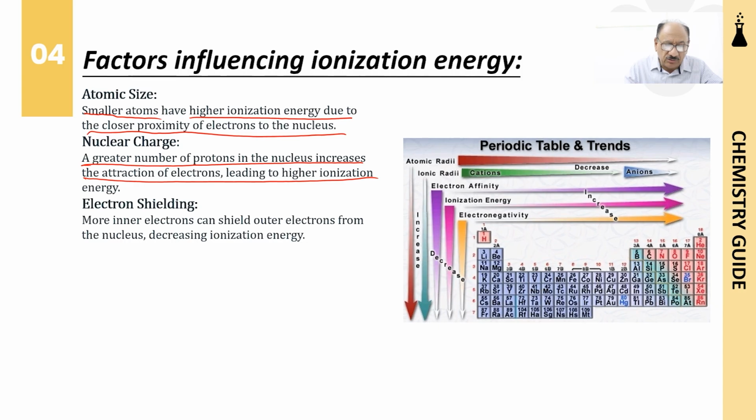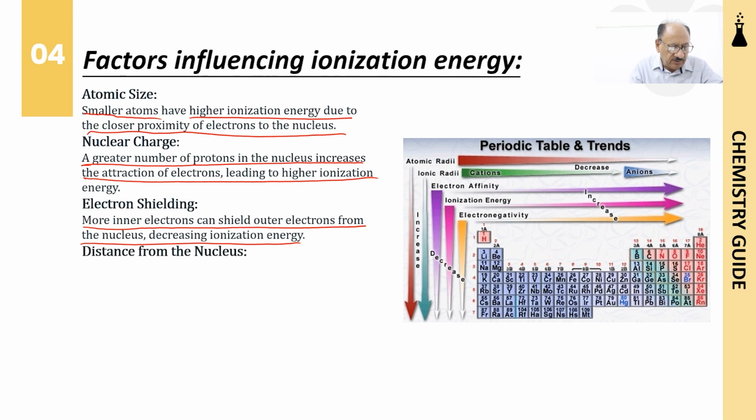Electrons are revolving around the nucleus, so electron repulsion plays its role. More inner electrons can shield outer electrons from the nucleus, decreasing ionization energy. So electron shielding results in a decrease in ionization energy.